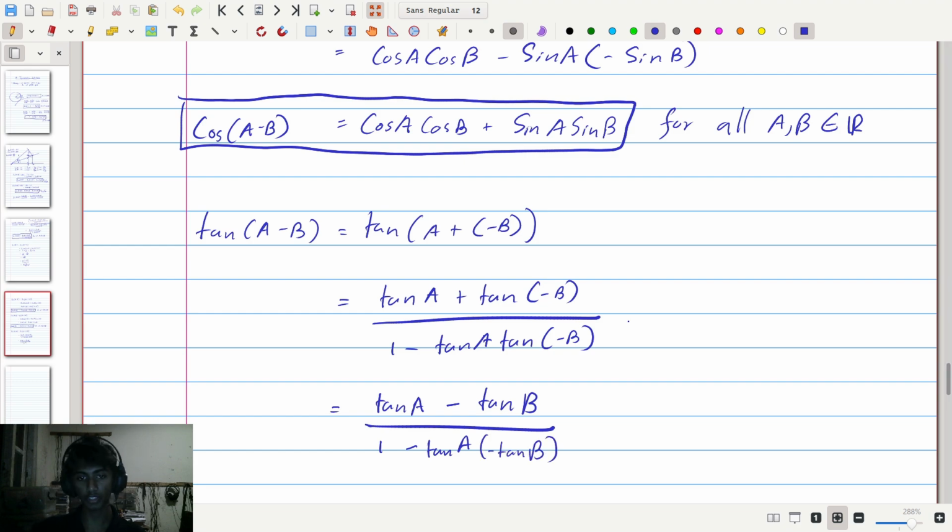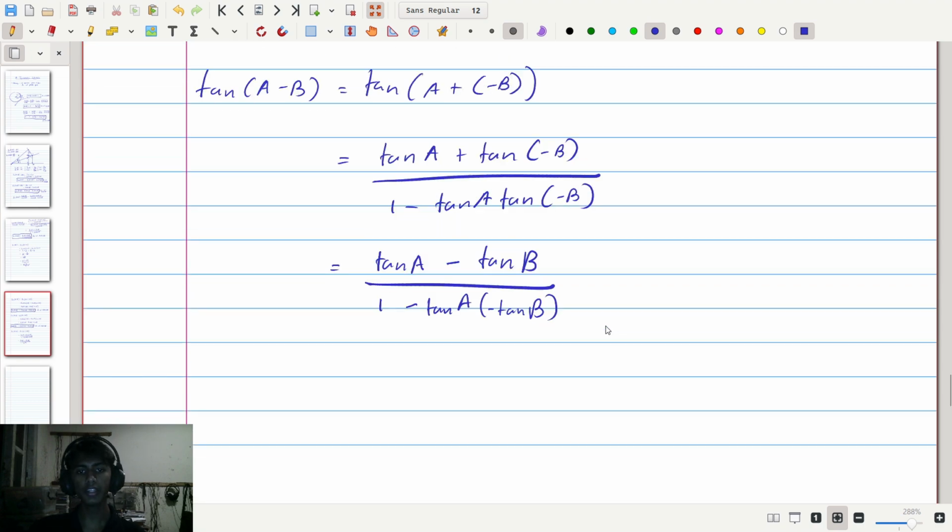I'm going to take an extra step to simplify this. This negative can be taken out and multiplied by this negative, which will leave us with a positive. So finally we can write tan a minus tan b divided by 1 plus tan a tan b.